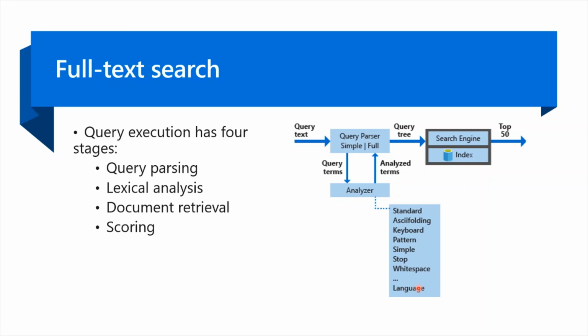So these are the four Lucene query stages: query parsing, lexical analysis, document matching, and scoring. Azure Search uses Lucene for full text search, but Lucene integration is not exhaustive. So these four things can be used to get the full text search and the desired outcome.